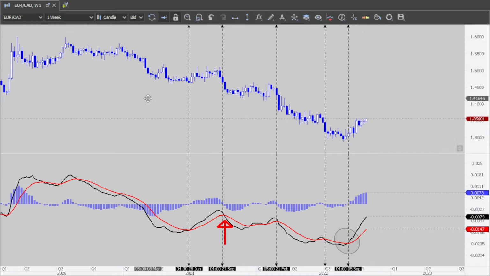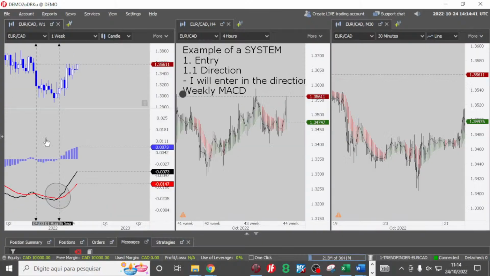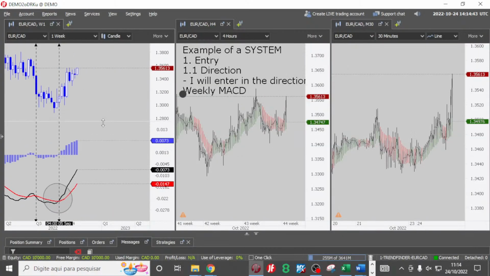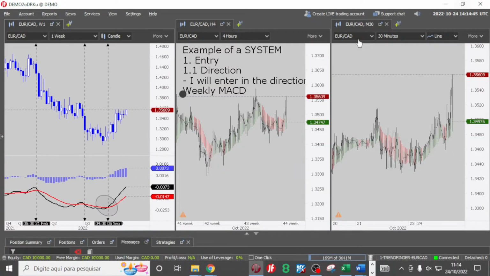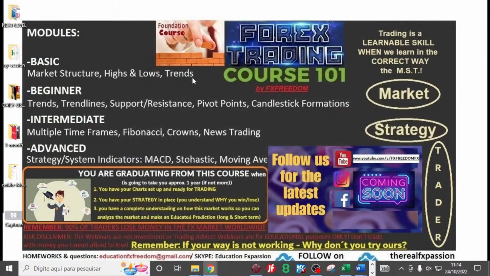Allah, MACD on the weekly is telling you to buy. What you must understand, everybody, is why are we learning systems and indicators and strategies after market structure, highs and lows and trends?